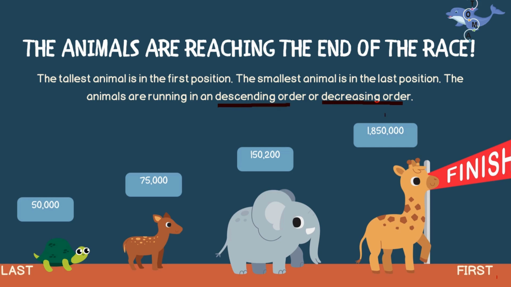So here we have the greatest number over here, the first one, and the smallest number is in the last position, means the numbers are decreasing.